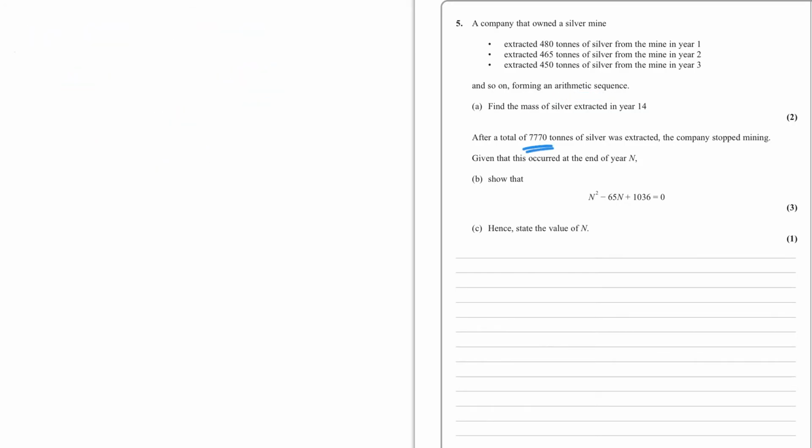Now, part B is talking about a total, so this is going to be a sum. And we don't know what year number it is. So remember the formula is Sn equals n over 2 times 2a plus n minus 1 d.